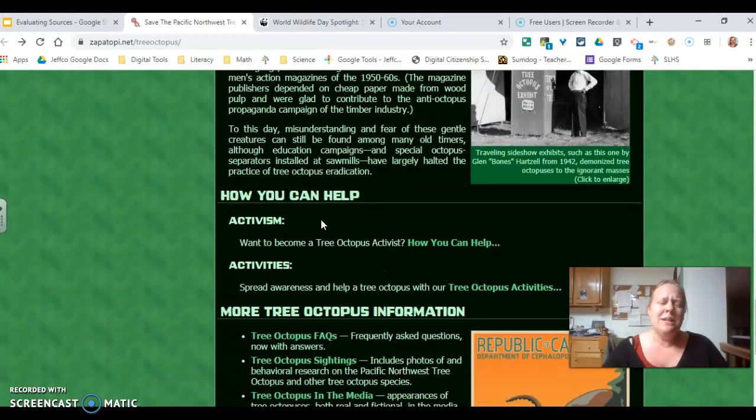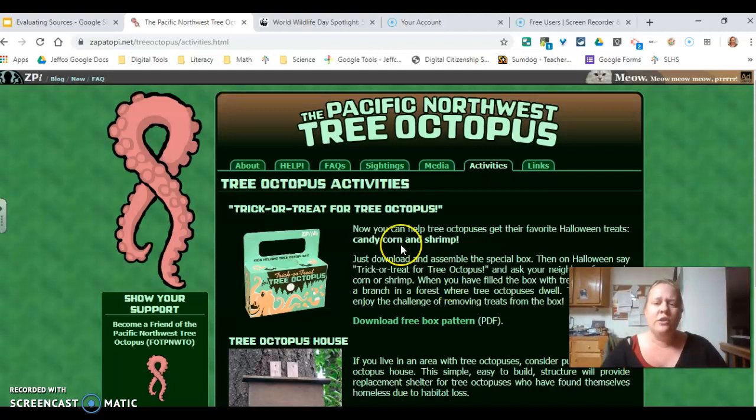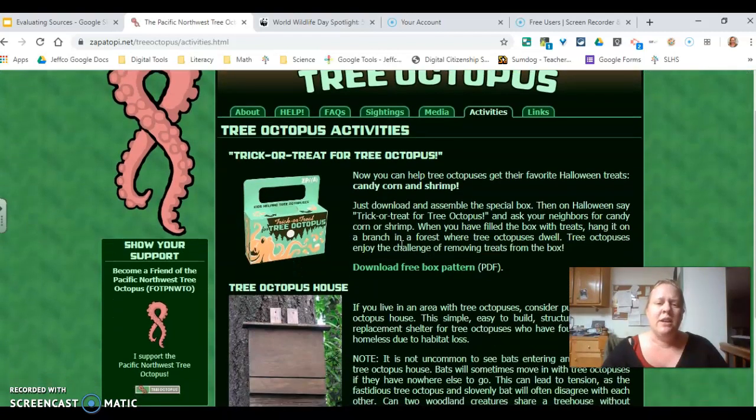Another thing I did is I went down here to the how you can help. So there's activism and there's activities. And if I click on one of these, let's go to, okay, some activities. Trick or treat for tree octopus. Now you can help tree octopuses get their favorite Halloween treats, candy corn and shrimp.